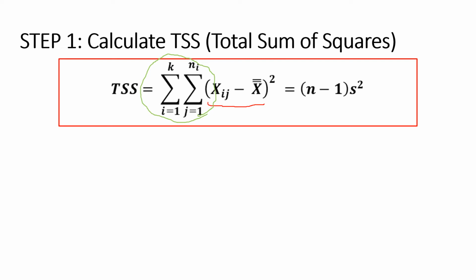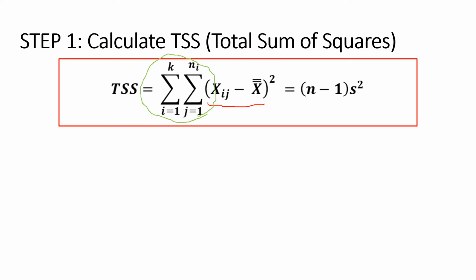This x1,1 would be the first observation from the first group, whatever the first observation is for the central city, and x1,2 would be the second observation for the central city, and you go through all 24 observations, subtracting each observation from the grand mean.